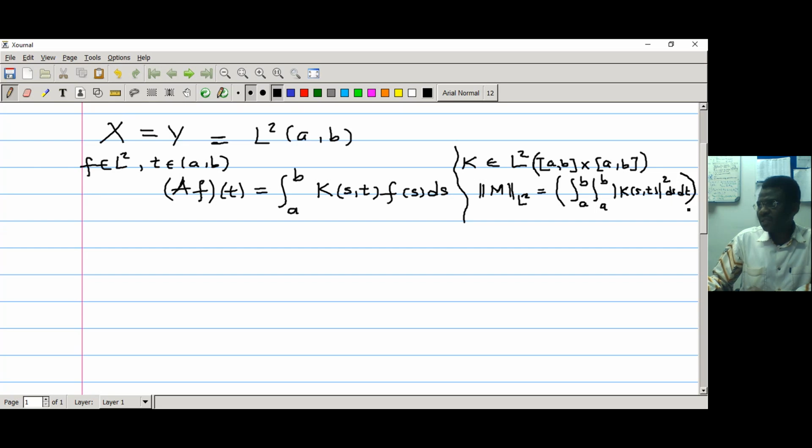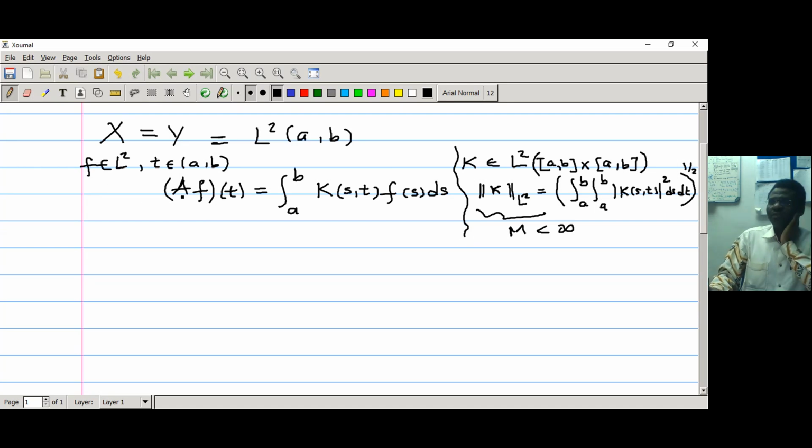This is the norm of k as a function of two variables, and this norm of k is what we call m. M is finite. That's what it means: if it is there, its norm is finite.